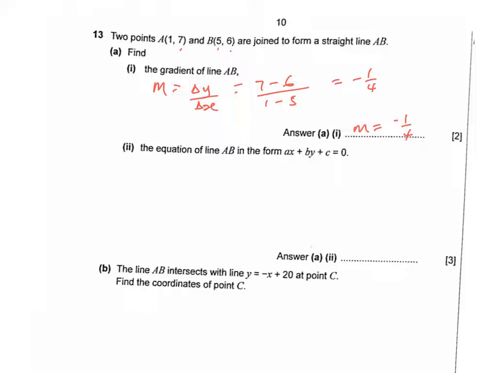Okay, find the equation of the line AB in this form. Now remember, equation of a straight line is y equals mx plus c. Now we know the gradient, but we don't know what c is. So we either use point A or point B to get c. If I use point A, which is 1,7, it means my y is 7, my gradient is negative 1 over 4, x is 1.